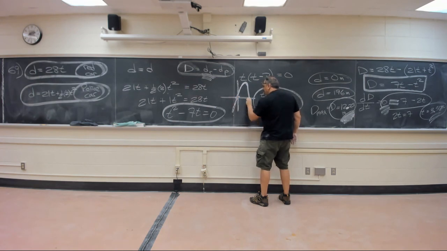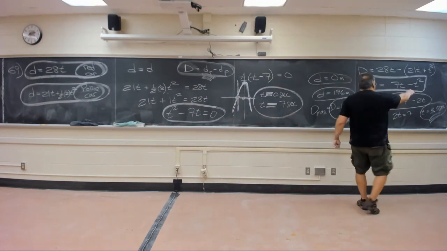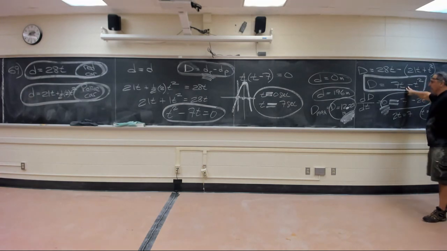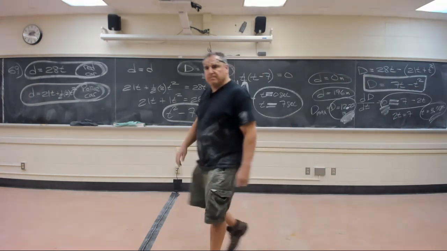If this is 0 and that's 7, and every parabola of this nature has symmetry, where's the highest part going to be, guys? If this is 0 and that's 7, this is 3.5. Plug 3.5 into here, and you end up getting the 12.25 that we were talking about.